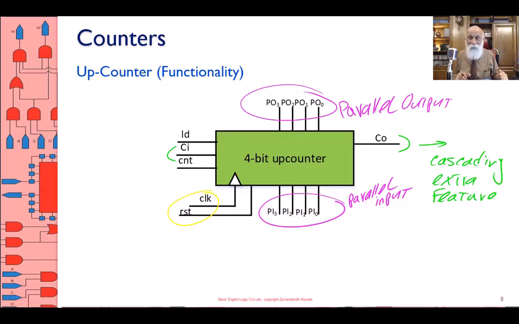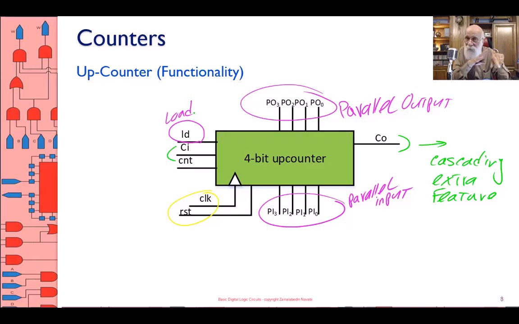When I have parallel load, I have to have a way of controlling it. For parallel loading, I have an input called load, that when that becomes 1 and clock arrives, parallel load is loaded into the register or into the counter. If load is not 1, then only then you can probably count.